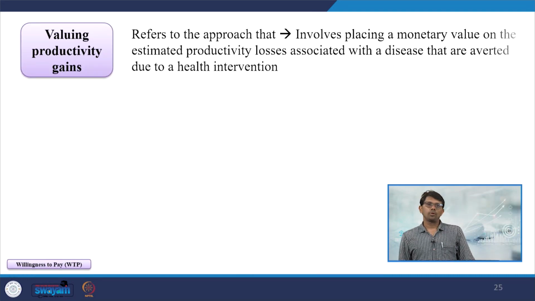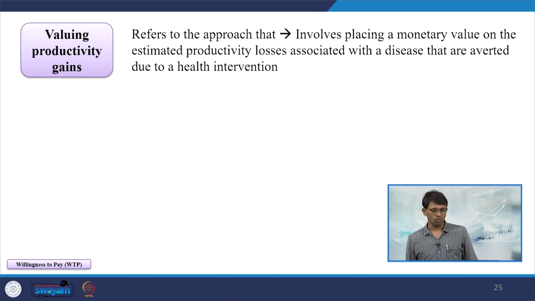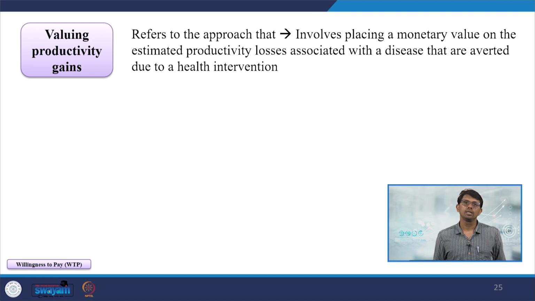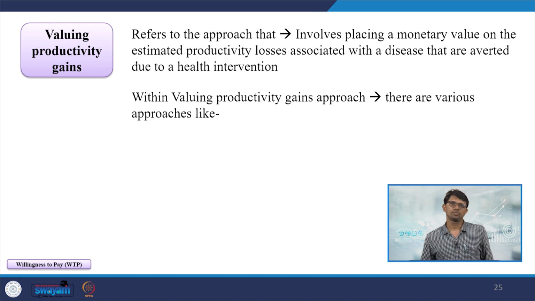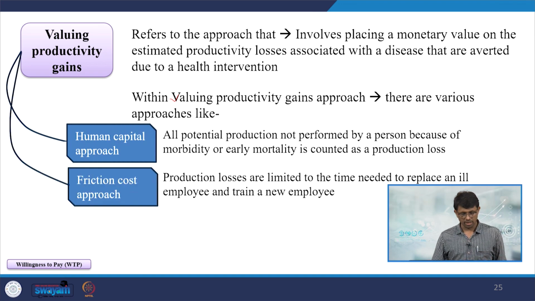So, valuing productivity gains is the next approach. This involves placing a monetary value on the estimated productivity losses associated with a disease that are averted due to a health intervention. Within the valuing productivity gains approach, there are the human capital approach and the friction cost approach.